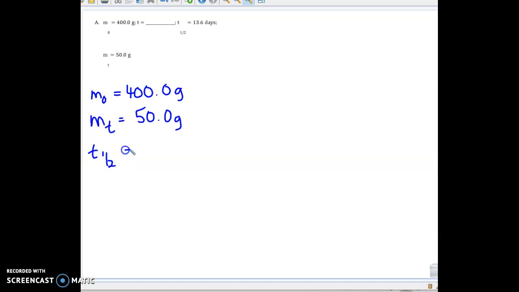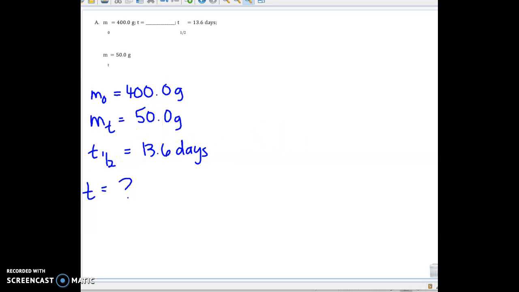I have my half-life, which is 13.6 days, and I want to know how much time has gone by. So if I started with 400, I have 50 left, and a half-life is 13.6 days, how long did it take?